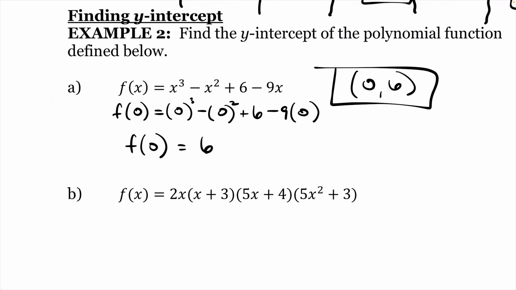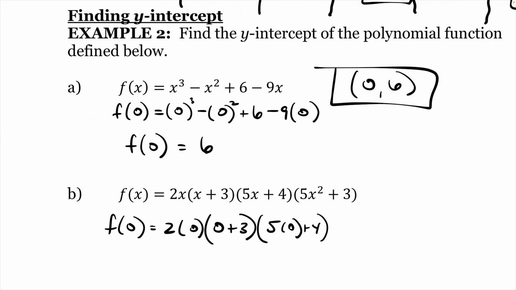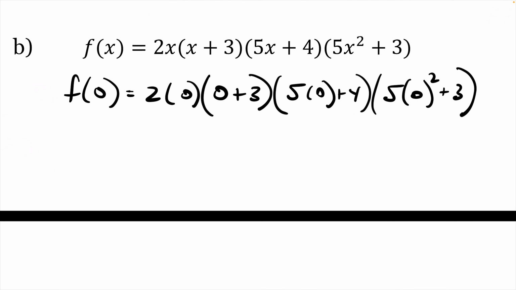Okay. B, same thing. Plug in 0 everywhere you see an x. That's for the y-intercept. So 2 parentheses 0, 0 parentheses 3, 5 parentheses 0 plus 4, 5 parentheses 0 squared plus 3. So everywhere there was an x, I just put a 0.